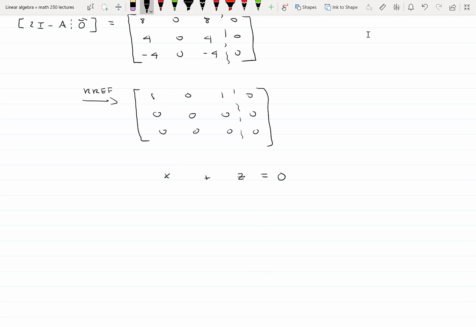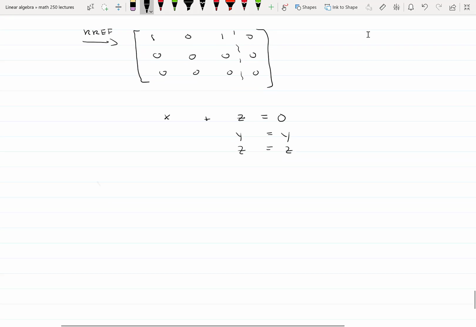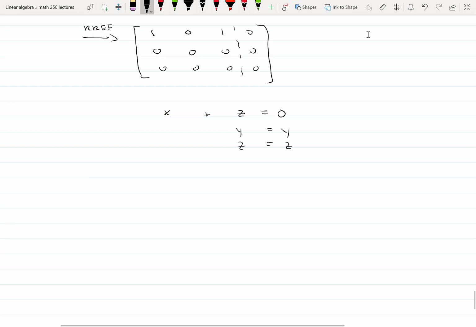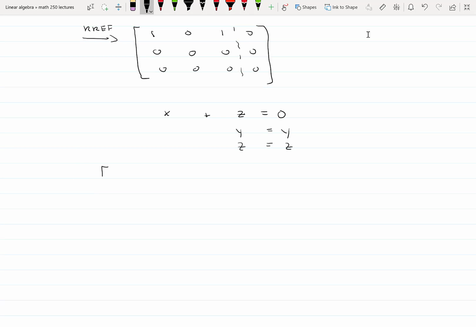Okay, so we can write that in. We just say y equals y and z equals z. That's really common to do, where y and z are both real numbers. So what do our vectors look like? They look like x, y, z equal. Well, the first equation tells us x equals negative z. Y is a free variable and z is a free variable.